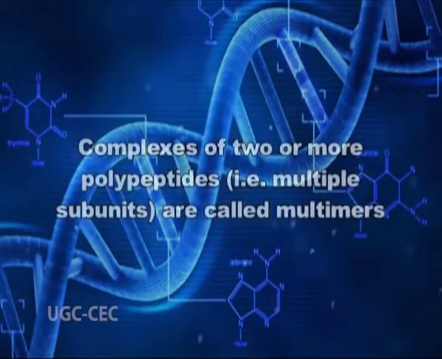Complexes of 2 or more polypeptides, that is multiple subunits, are called multimers. Specifically, it would be called a dimer if it contains 2 subunits, a trimer if it contains 3 subunits, and a tetramer if it contains 4 subunits.